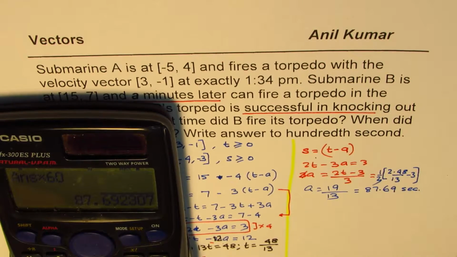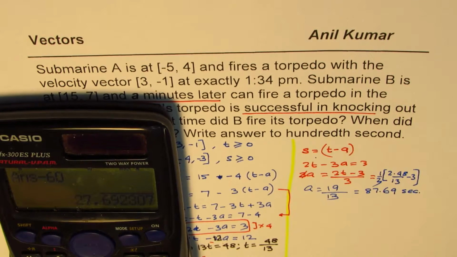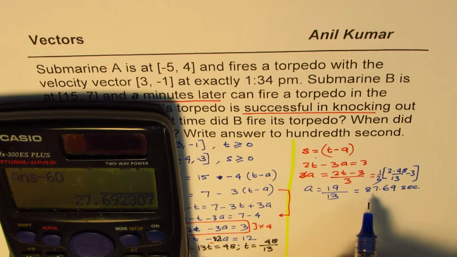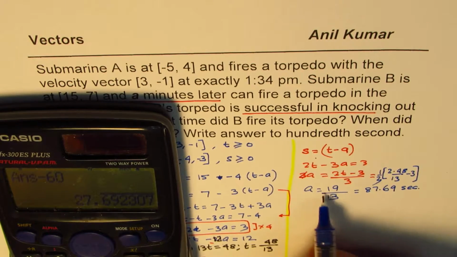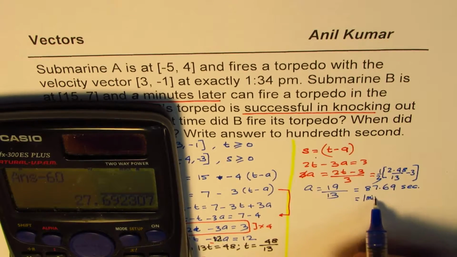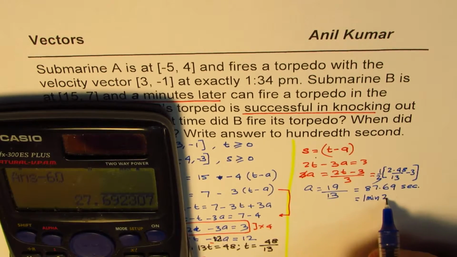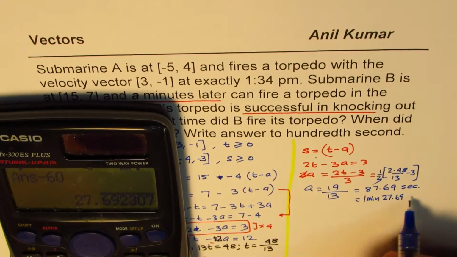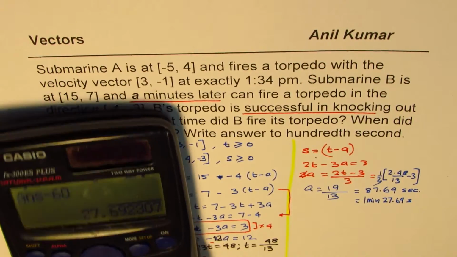So if I take away 60 from here, we know how many minutes, right? Okay, so if I take 60, we know 27 seconds, right? So it is 1 minute 27 seconds. Okay, so we could write 1 minute and 27.69 seconds. Okay, that makes sense.